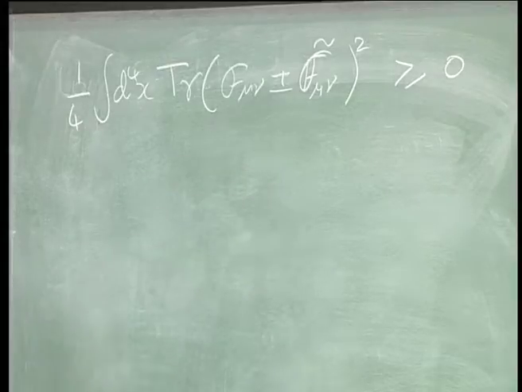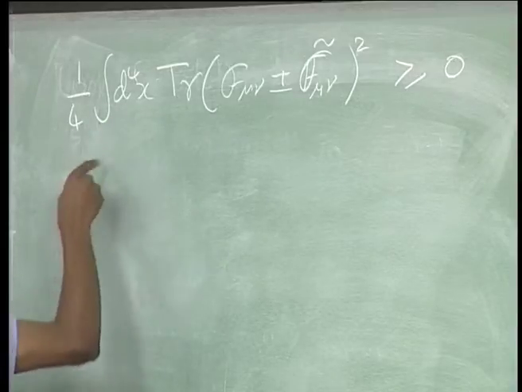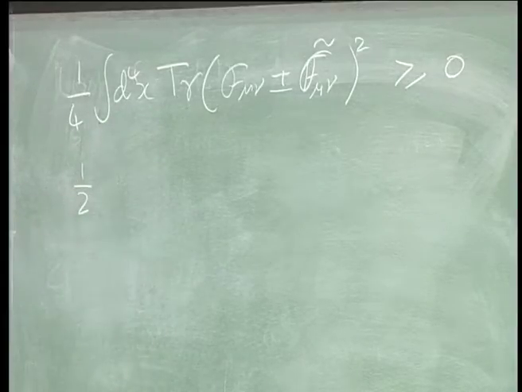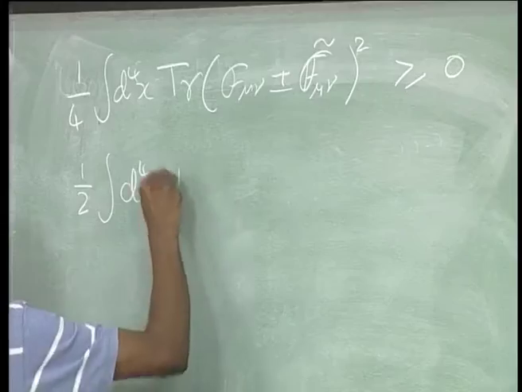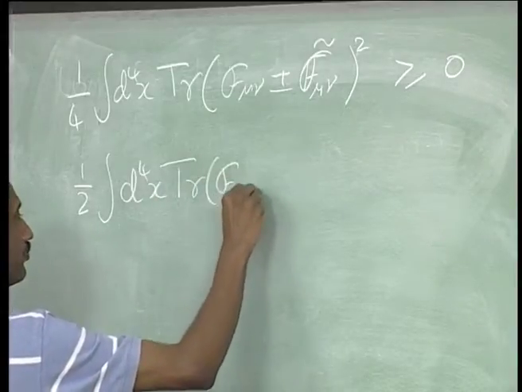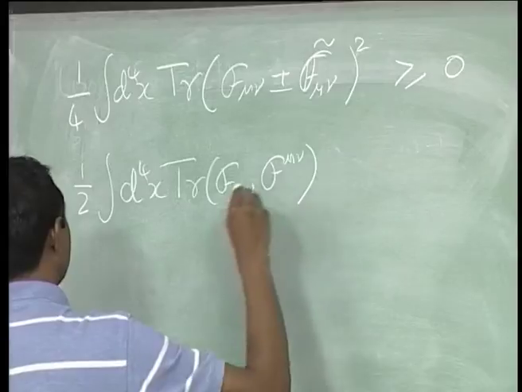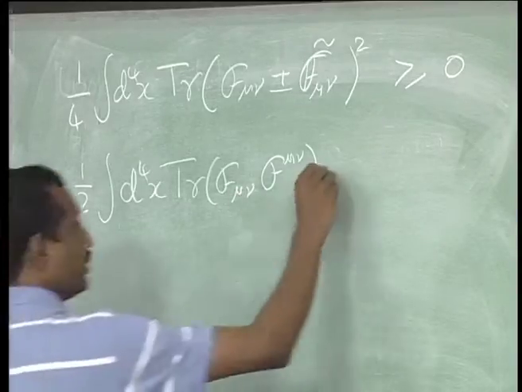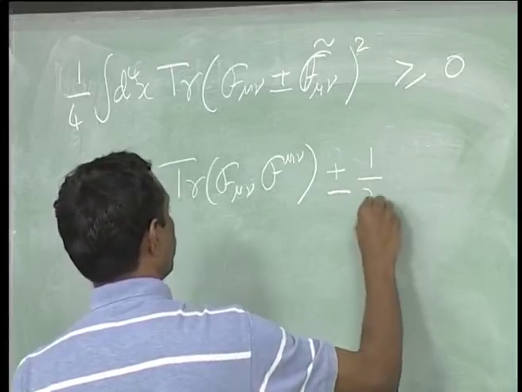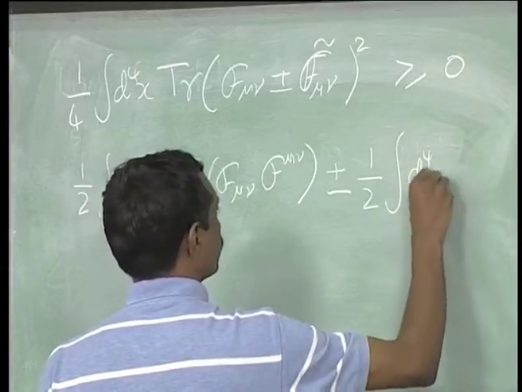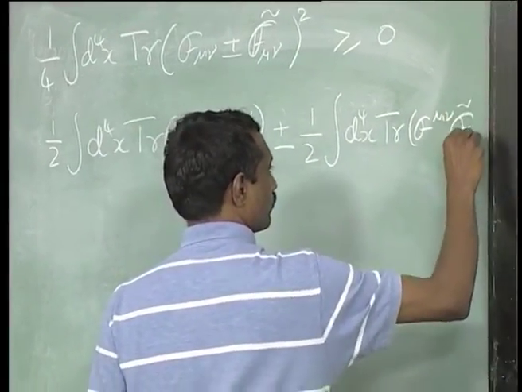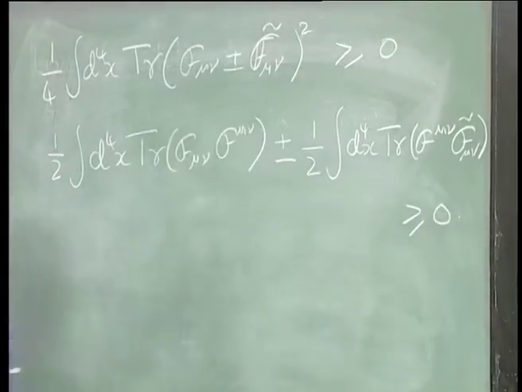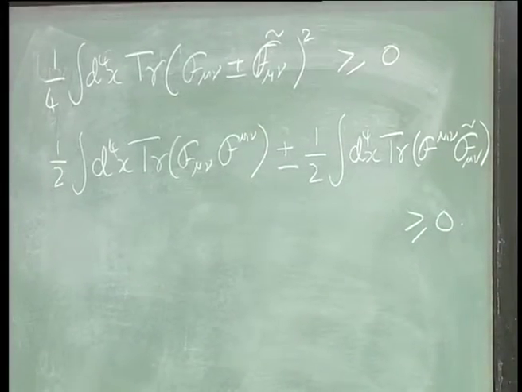But now we can use this, and so this implies that half, I am taking care of this 2, half integral d4x trace f mu nu plus or minus half f mu nu f tilde mu nu. And let us look at this quantity.